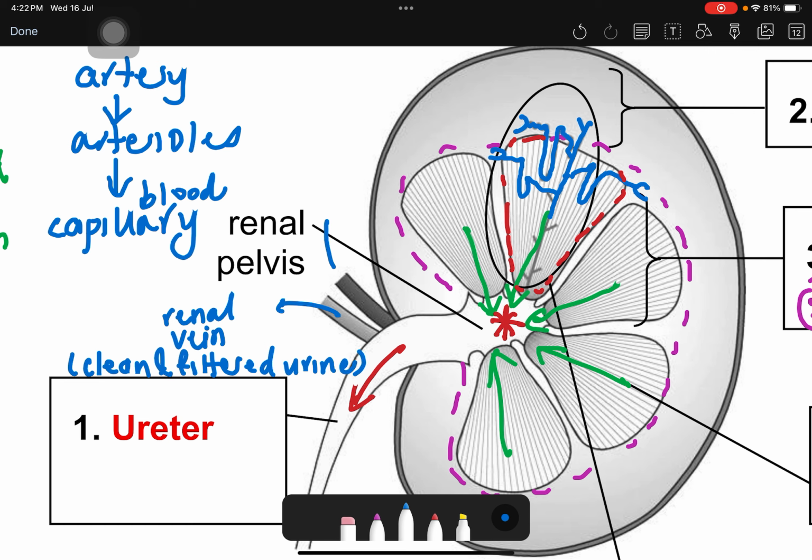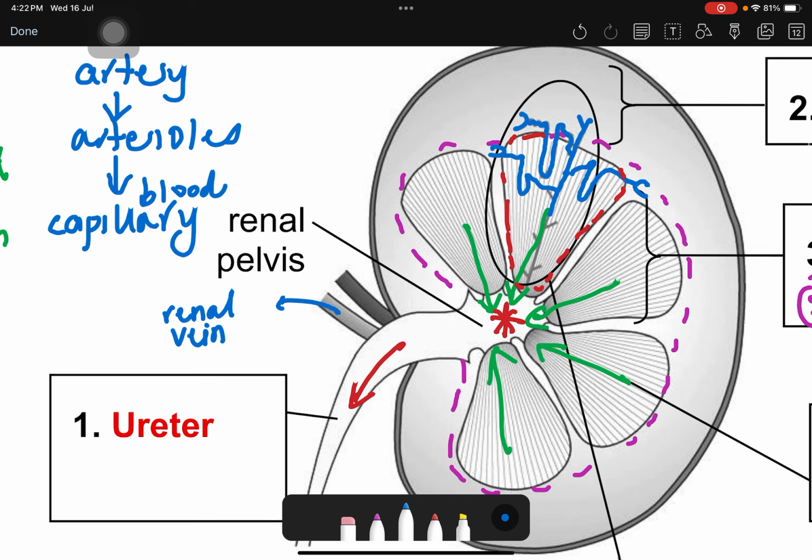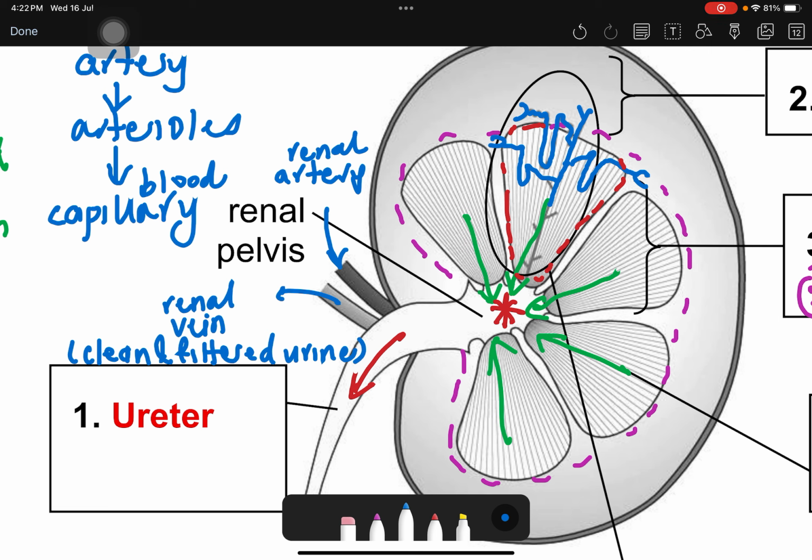Okay, so the blood carrying all the toxic substances and excess substances will be brought to the kidney via the renal artery, and while clean and filtered blood leads into the renal vein, the remaining toxic substances and excess substances will be found inside the urine that will be discharged out of the kidney.